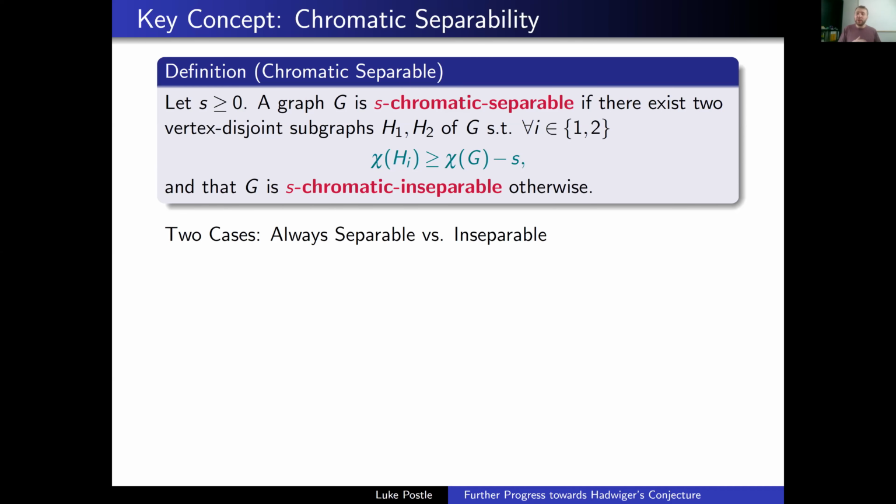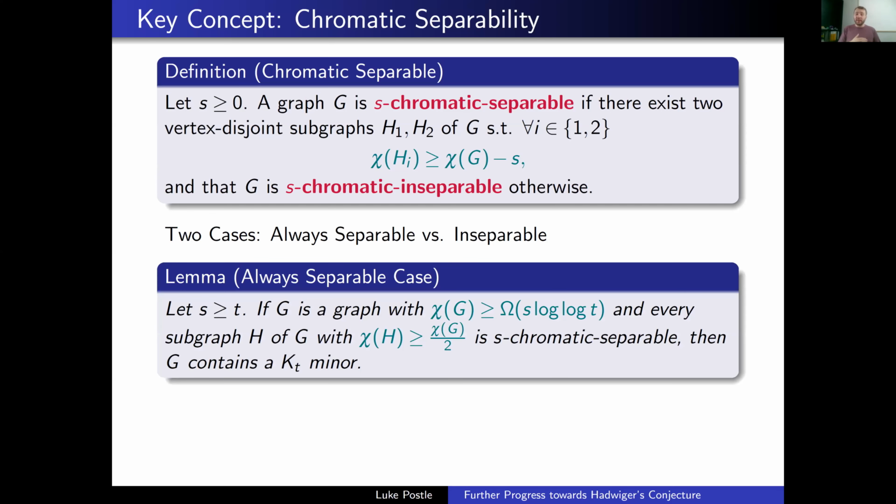We're going to consider whether we're always separable, which will just be separable for high chromatic subgraphs, or inseparable. The always separable case goes like this. We have a lemma that says, if your graph has chi at least S log t, and every subgraph with chi at least half of the original is S chromatic separable, then we can get a KT minor. So as long as we're always separable and have high chromatic number, I'll build a KT minor that way.